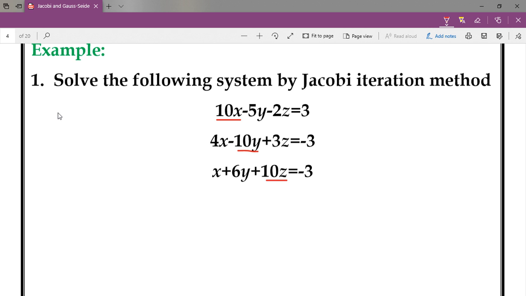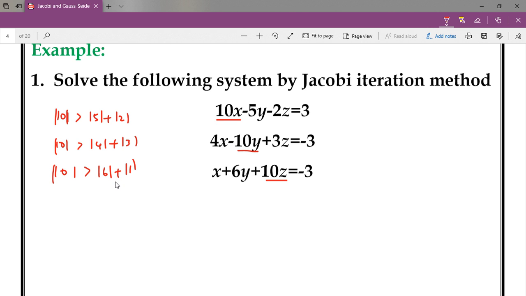So mod 10 is greater than mod 5 plus mod 2, correct? And here also mod 10 is greater than mod 4 plus mod 3. Here also mod 10 is greater than mod 6 plus mod 1. Here 5 and 2 are values of y and z.